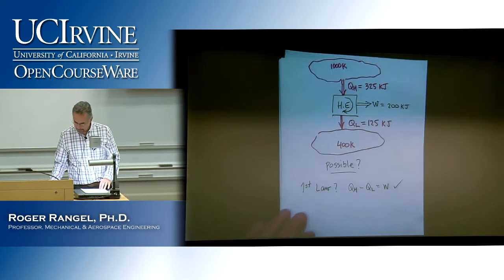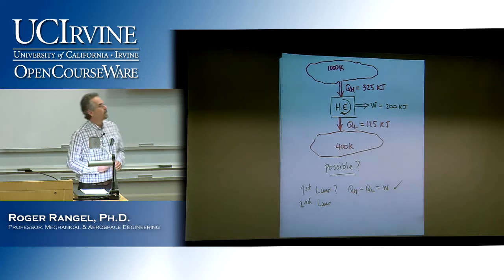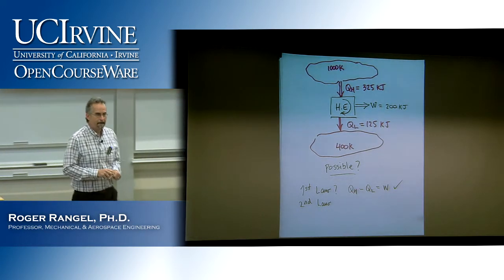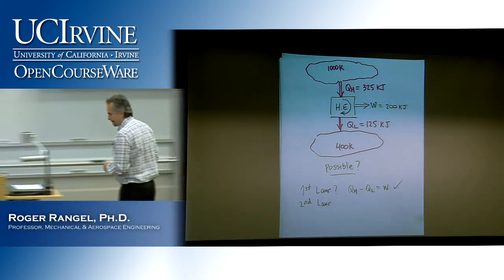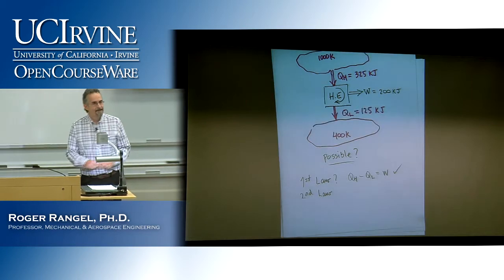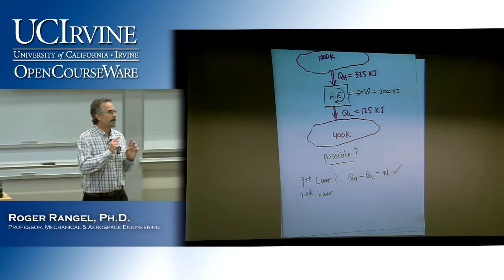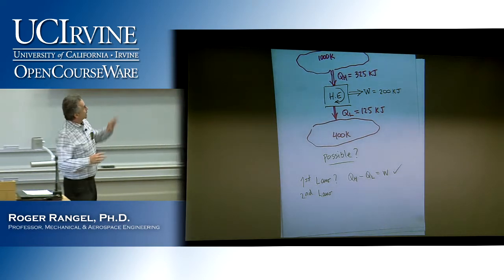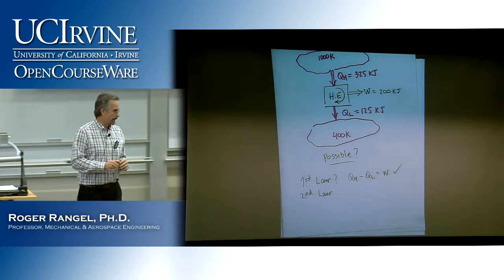All right, so then we check second law. How do we check if this engine satisfies the second law? Yeah, so that part is okay, right? Because Kelvin-Planck's statement tells me that such an engine must have a heat rejection process, and indeed it does.